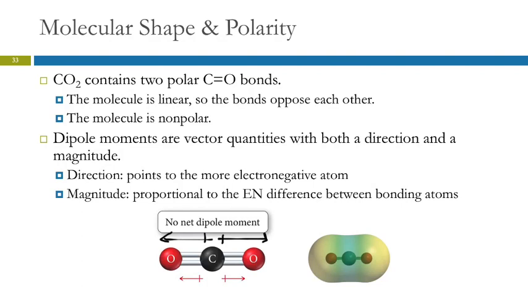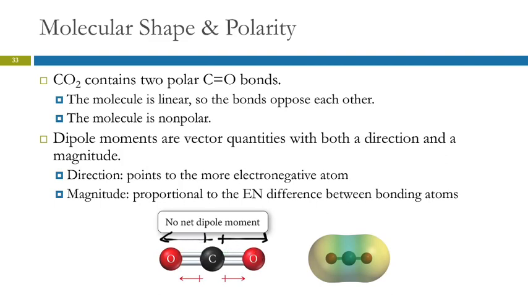They're both pulling, but there's no net movement of the rope. So this is not a polar molecule, even though it has polar bonds, because those dipoles cancel each other out, just like people pulling in opposite directions cancel out the effort. So we would say that these vectors add up to zero.